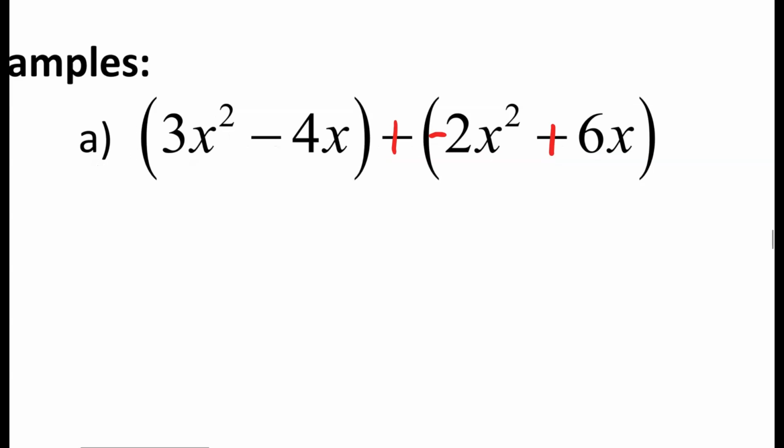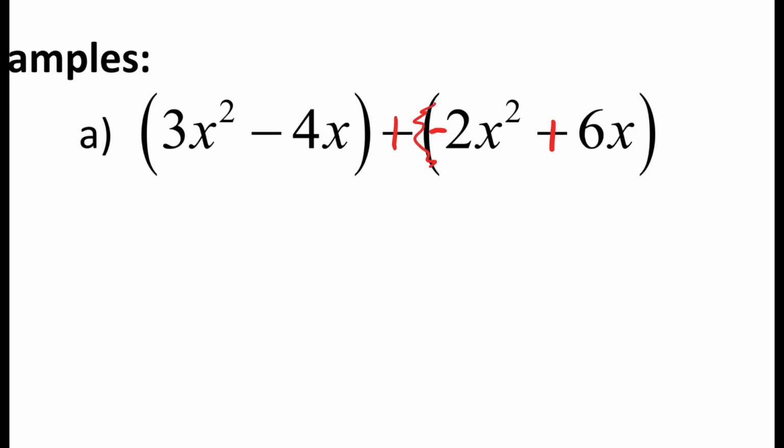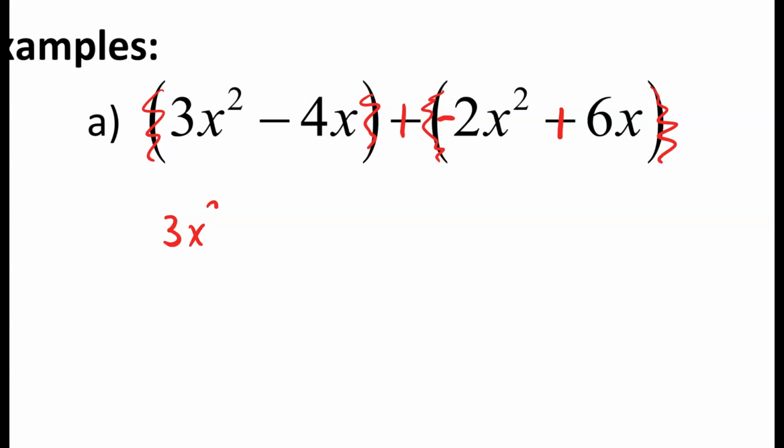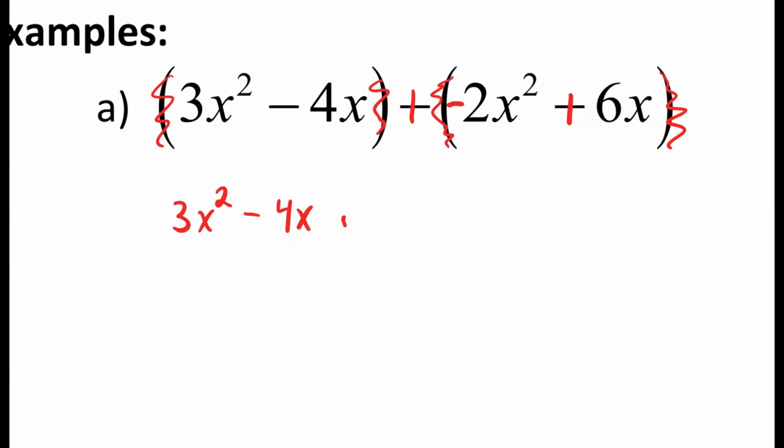The last thing you want to do is remove these brackets. So we're going to remove this, remove this, remove this. What this is really going to look like is 3x squared subtract 4x, so the exact same for the first portion, and then we're changing this to plus, plus negative 2x squared plus 6x.